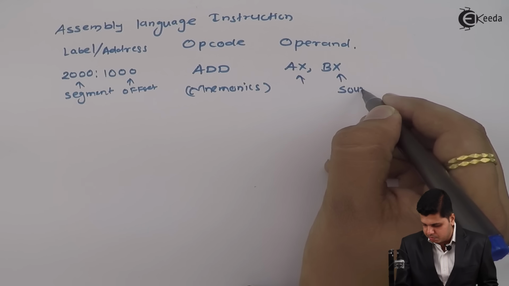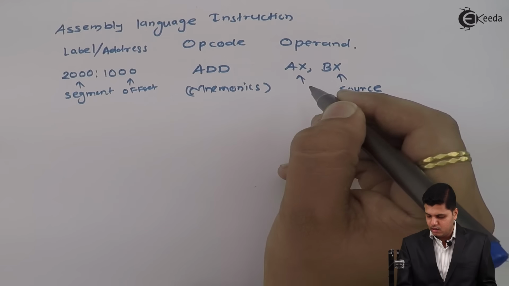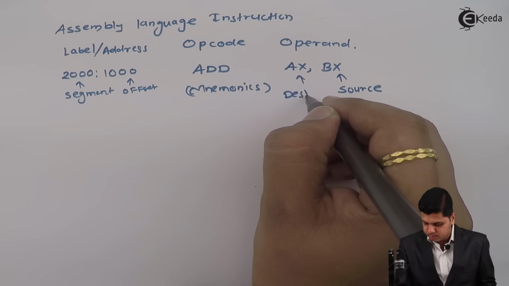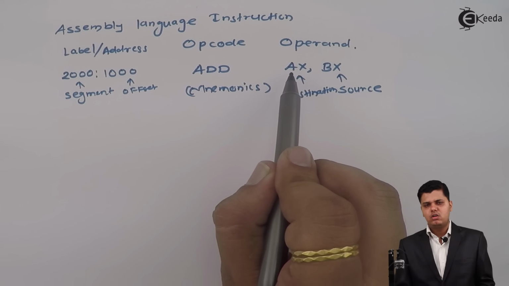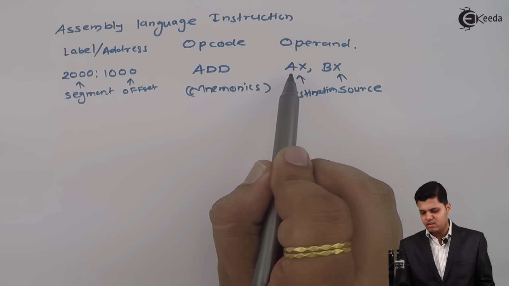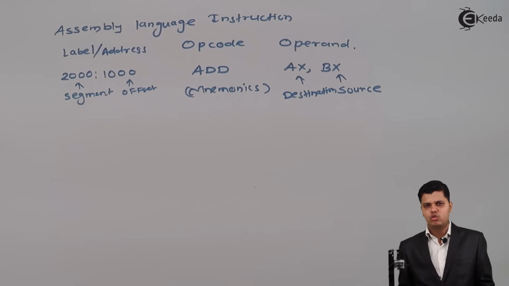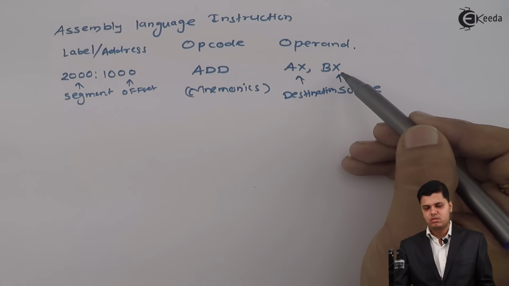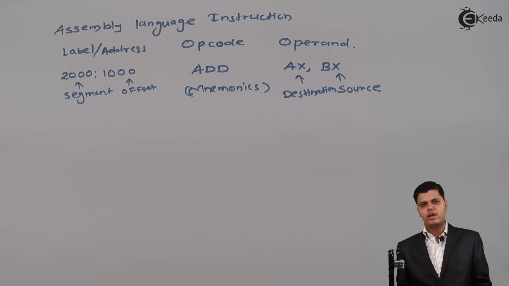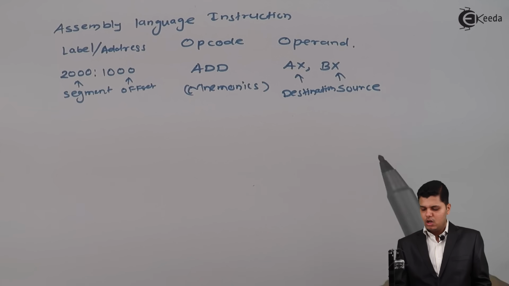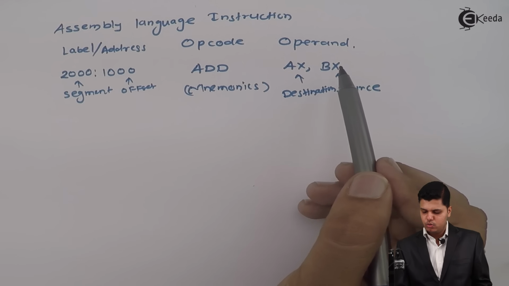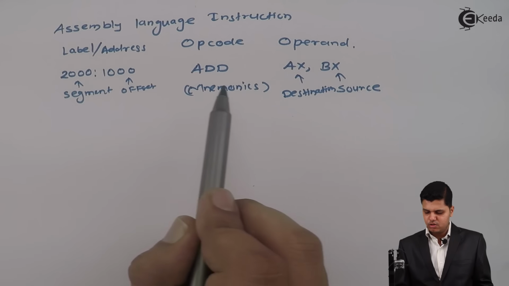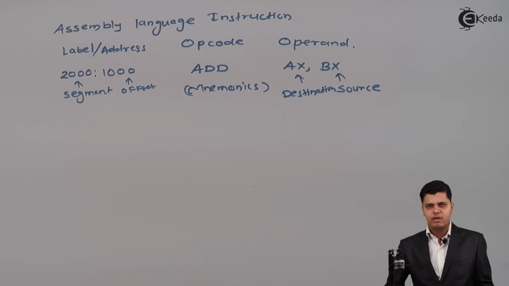In this case our BX register is the source and the AX register is the destination. The result of the operation will be stored in the destination, and the source of that operation will be the BX register. In the actual instruction set, we will see how the operation is performed and from where the data is forwarded to the destination. So this is the case of assembly language instructions and how we can write an instruction.